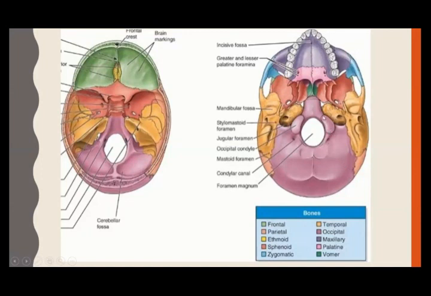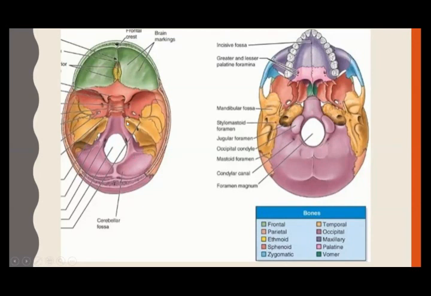This is where this part articulates with the first cervical vertebra. This is called the occipital condyle, and this is the basi-occiput, the basilar part of the occiput. This is the foramen magnum. Between the pterygoid plates and the petrous temporal bone, this foramen is called foramen lacerum.